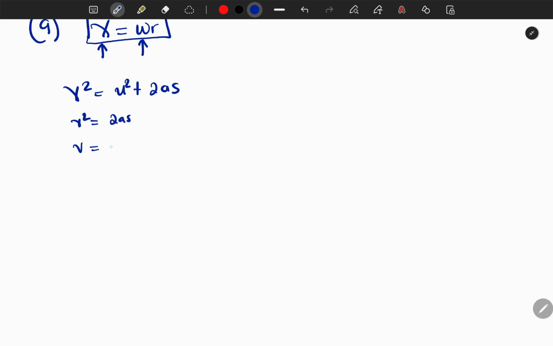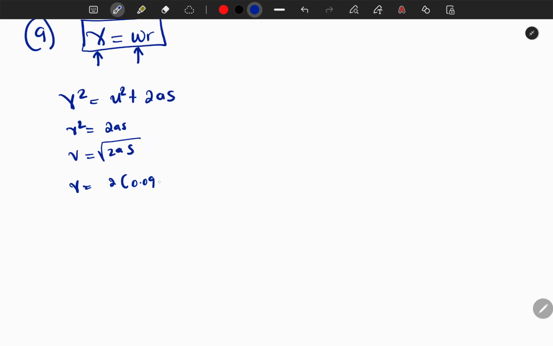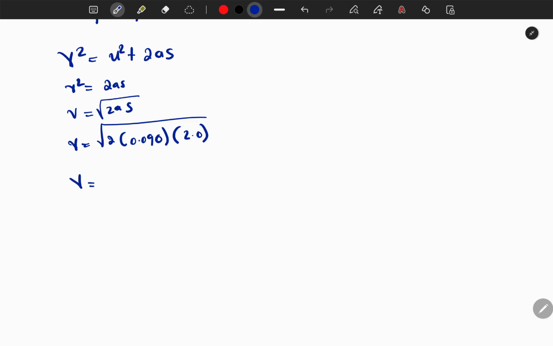So v is equal to the square root of 2as. It's 2 times the acceleration we just found, 0.096, times the distance, 2 meters. So we find the square root of that. I'm getting 0.62 meters per second.